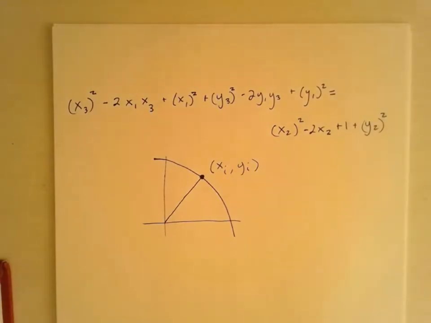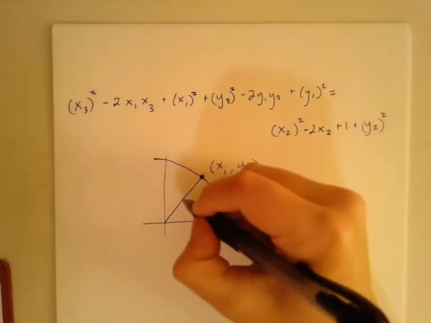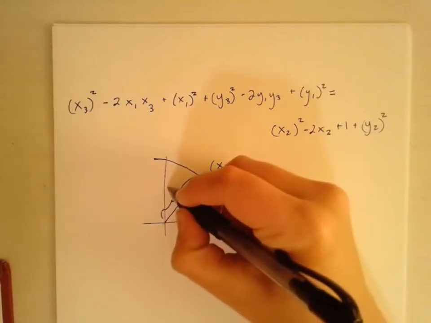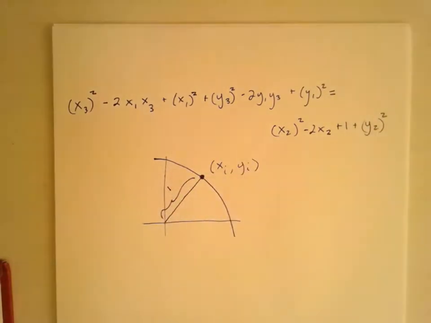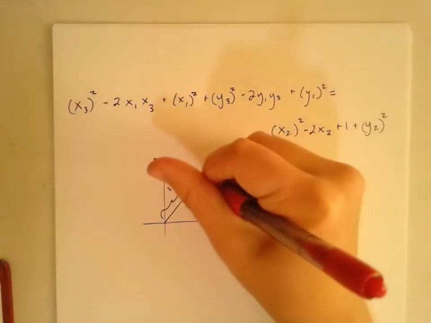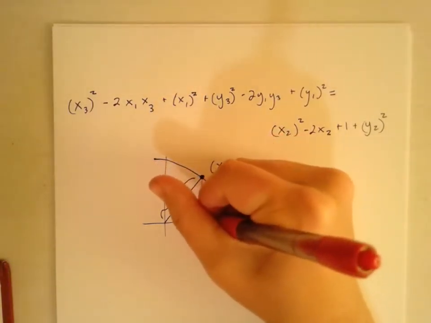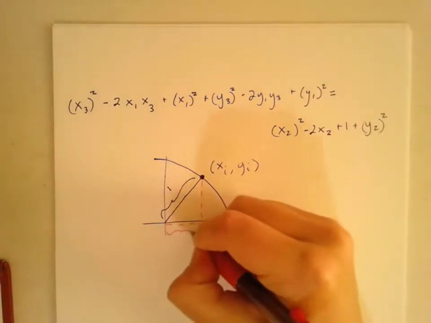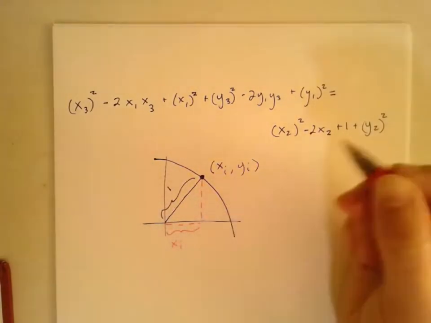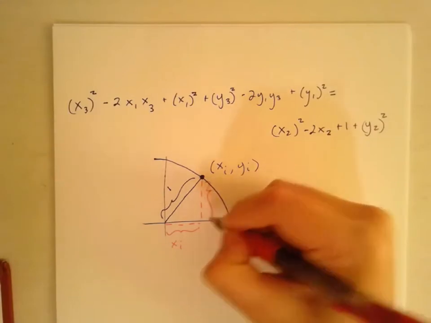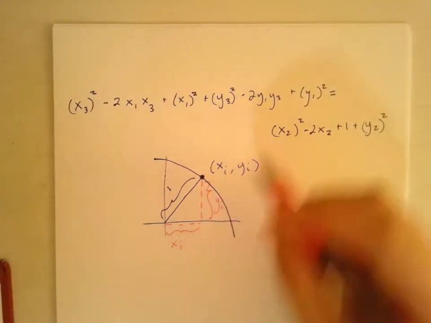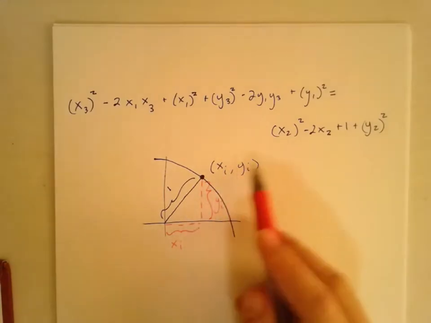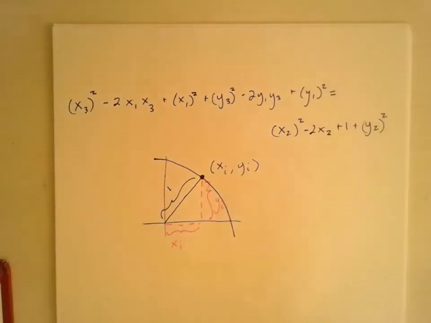What I want you guys to understand is because we know that this side length here is 1, we can describe the rest of this using the Pythagorean theorem. So, right here is x sub I, and right here the height is y sub I, right? That's how we get that coordinate. It goes out this much and up this much, makes that coordinate x, y.